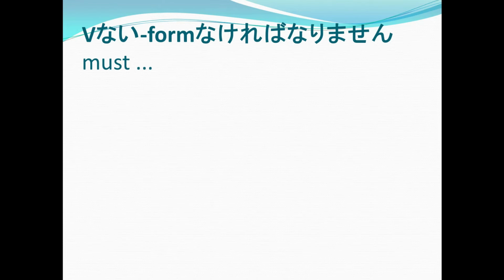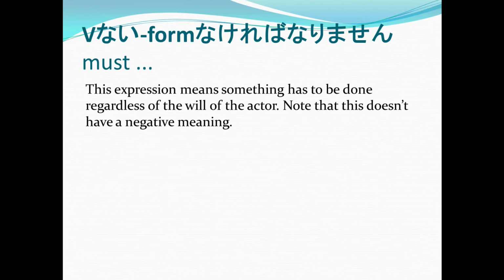Actually, guys, this is one of my favorite sentence patterns in the Japanese language. Again, it's verb nai form nakereba narimasen. Why is it my favorite? Because this means you must. This expression means something that has to be done regardless of the will of the actor.